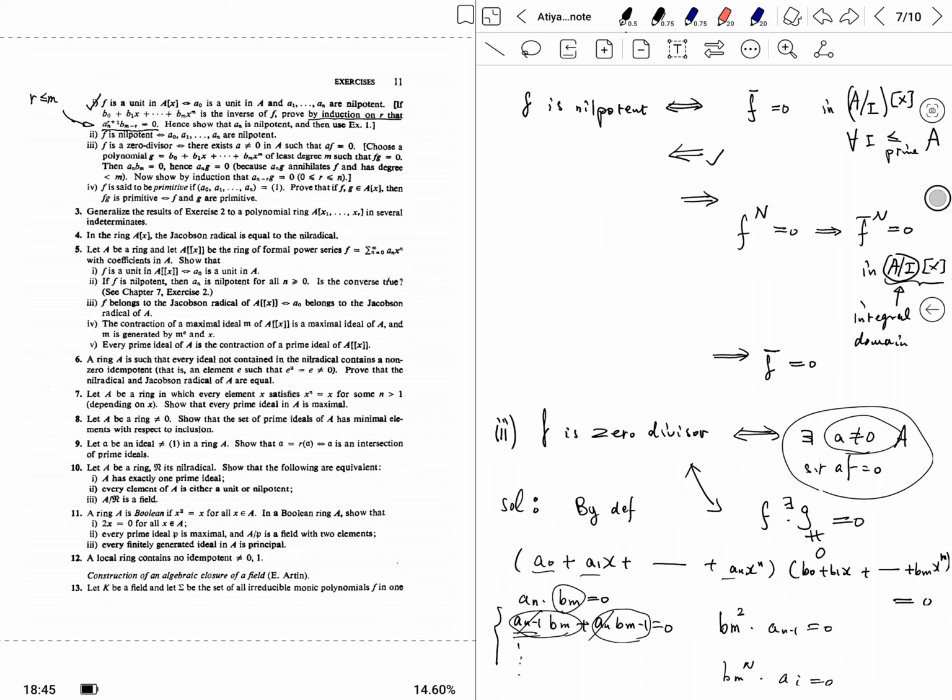The smallest power should be bm to the power 1 corresponding to an, 2 corresponding to an minus 1. So if you want to kill a0, you just put n plus 1. You know what I'm saying? n plus 1 kills a0. Okay, and so this bm to the power n plus 1 will kill f.